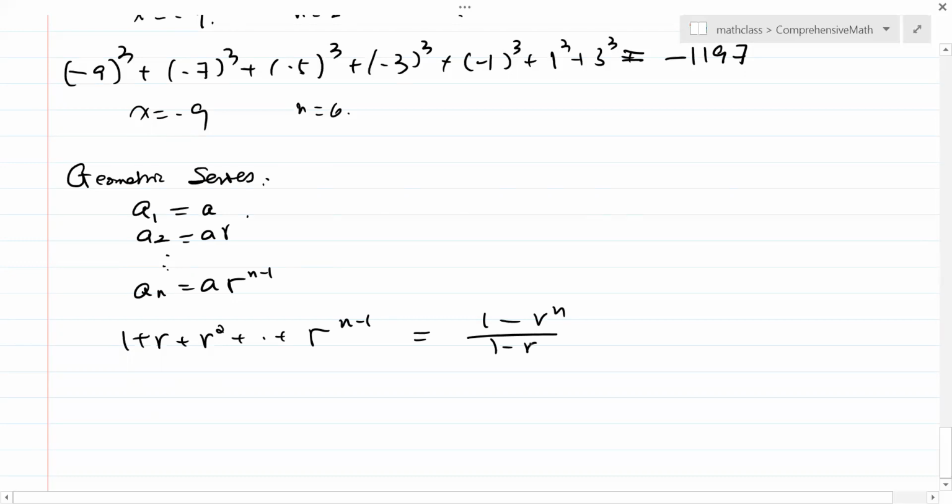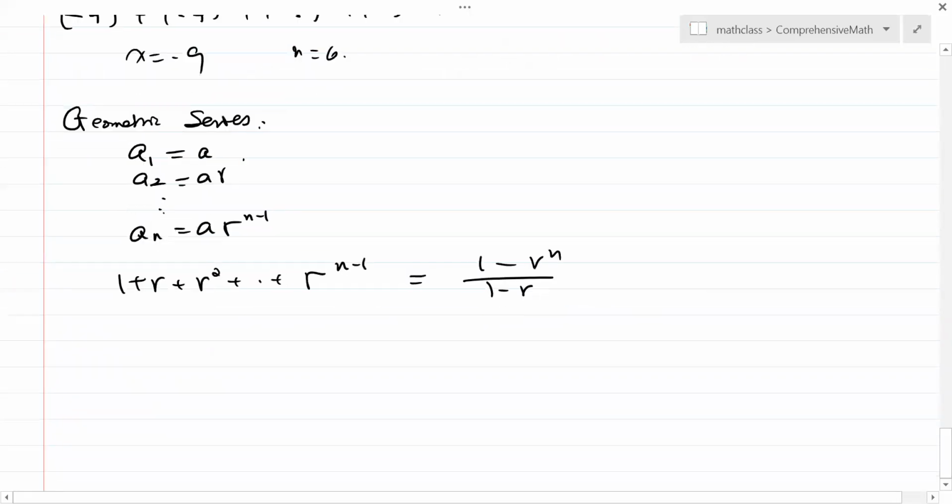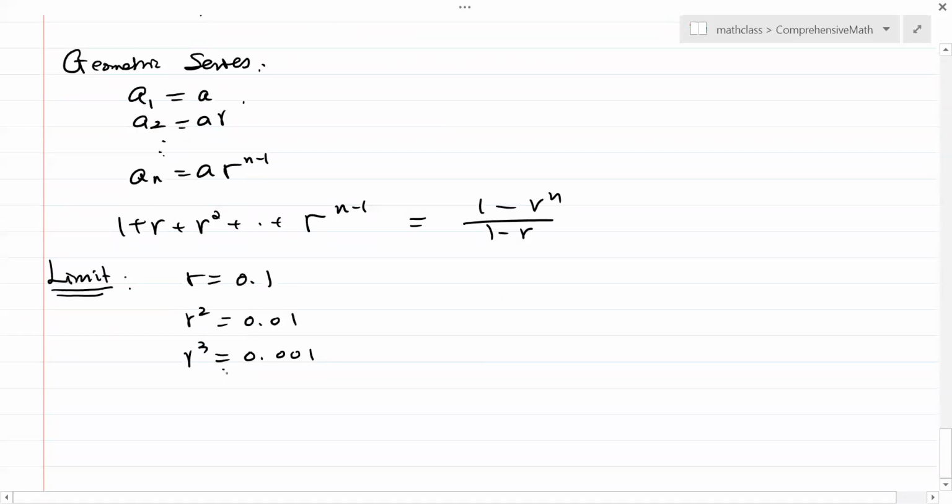Now we have to talk about the concept of limit. The limit concept is the first topic in calculus, but we should also know it. Let's take a look at r equals 0.1. Then r squared is 0.01, r cubed equals 0.001, and keep it going to r to the n minus 1.